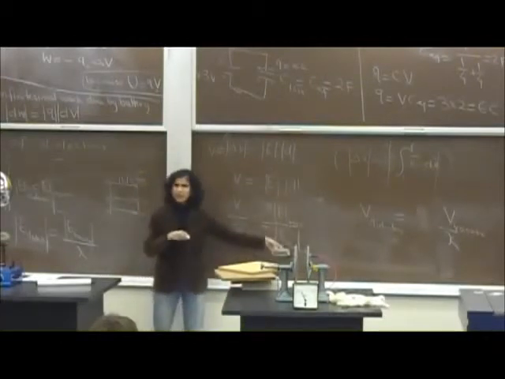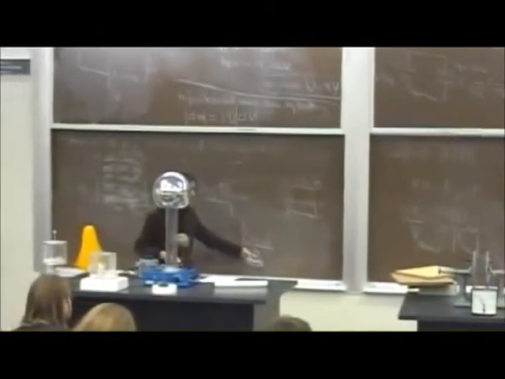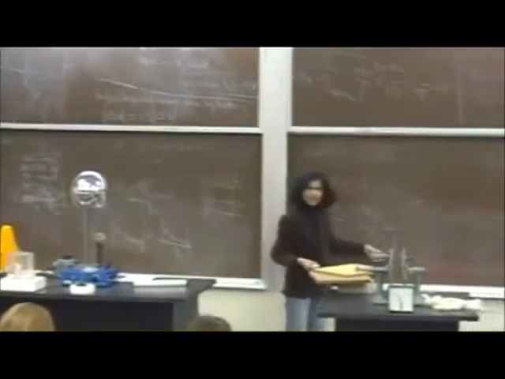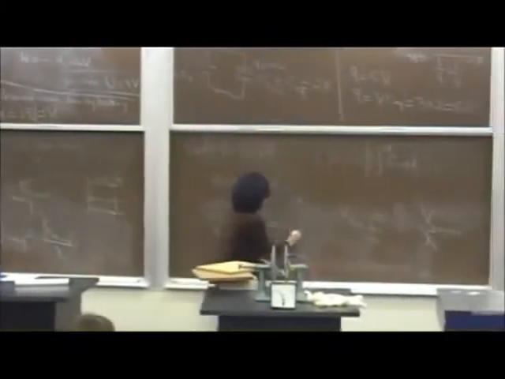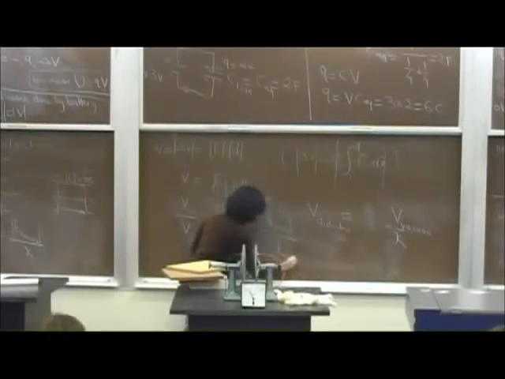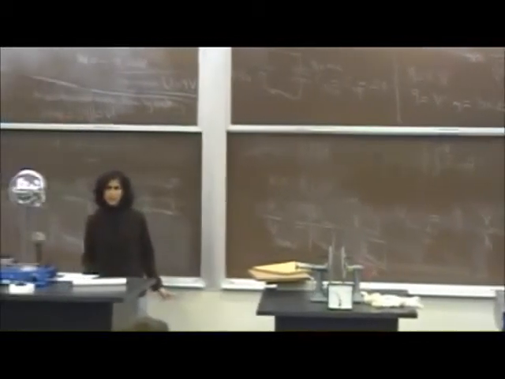Do you see that? And then we know E dielectric is E vacuum divided by kappa. So this E dielectric is equal to E vacuum divided by kappa, right?